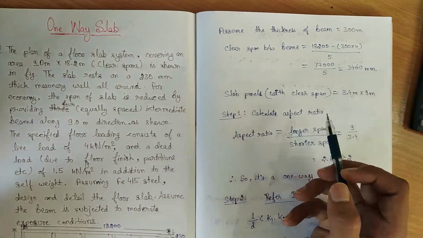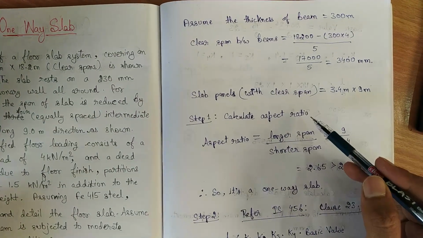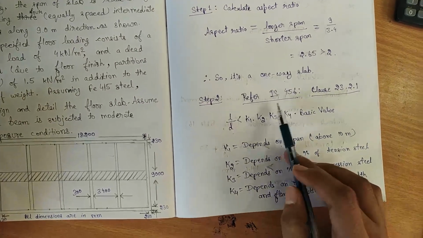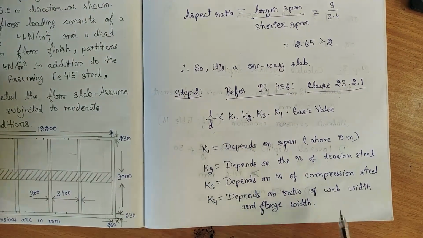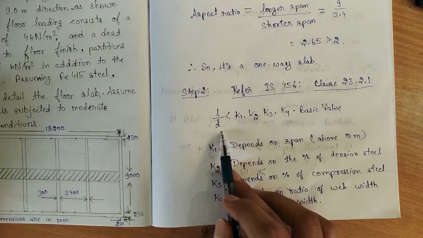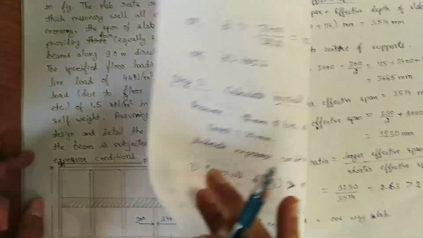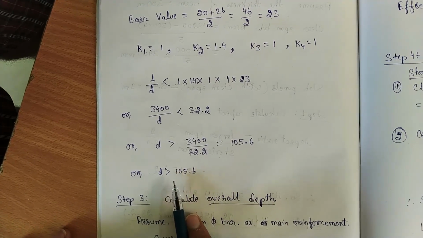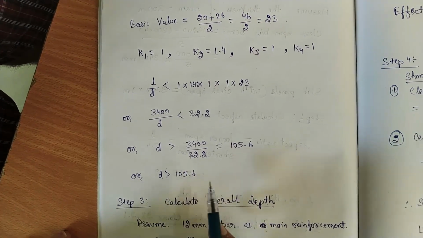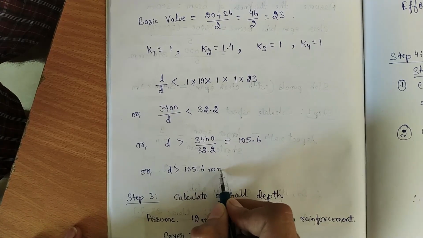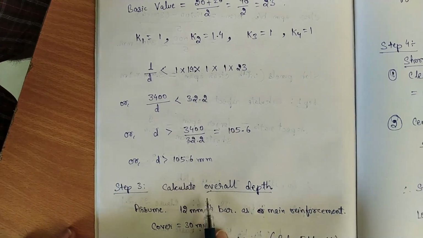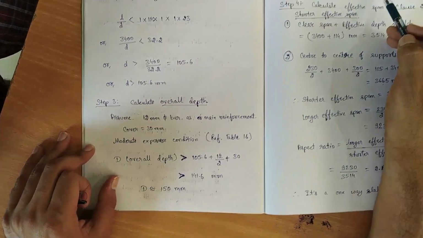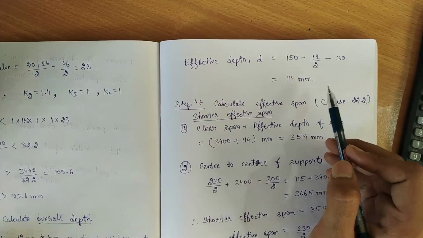So we have already calculated the aspect ratio through which we knew that it's a one-way slab. Then using the code we came to this formula and we have calculated effective depth from here. So after that we knew that effective depth should be more than 105.6 mm, and then we had calculated the overall depth, and finally we decided one effective depth.